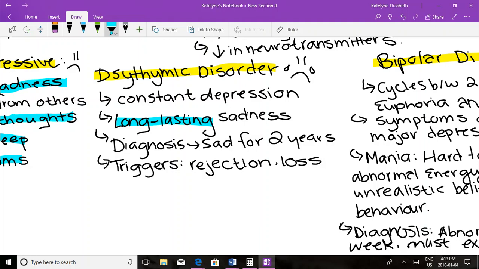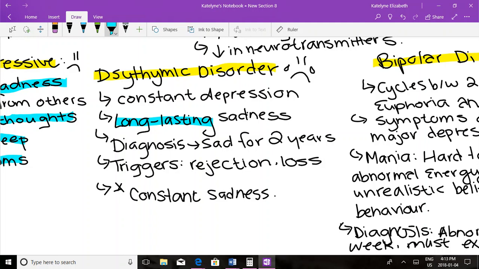The main thing that you see for these patients is that the sadness occurs almost all the time. So I'm just going to write here, it's almost constant sadness. Alright, so that is one of the main symptoms that they exhibit.